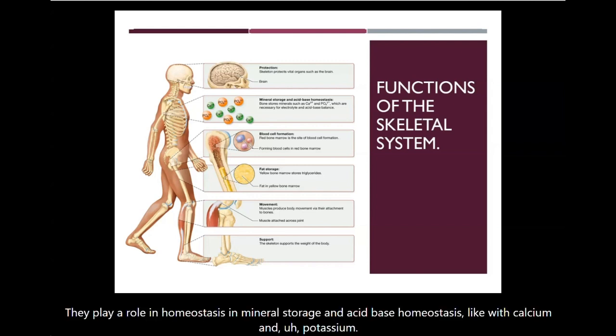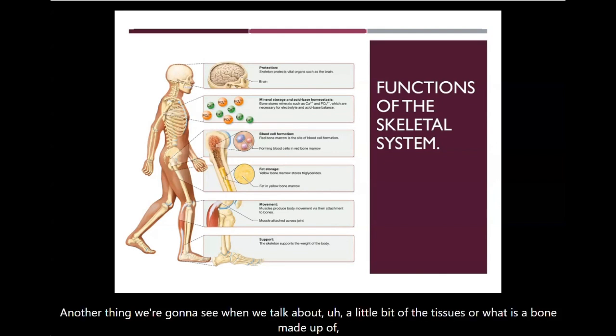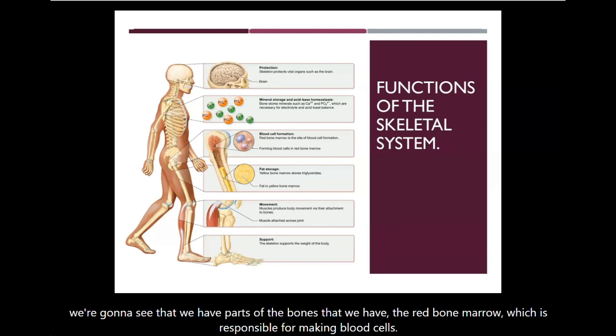They play a role in homeostasis, in mineral storage and acid-base homeostasis, with calcium and phosphorus, for electrolyte balance. We'll also see parts of the bones that have the red bone marrow, which is responsible for making blood cells.